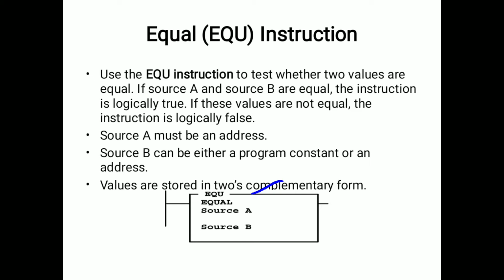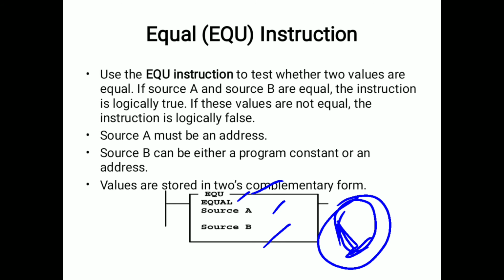So we use equal, source A and source B. If they are equal, the condition is true, right? If A has 5 and B also has 5, then the condition is true. So it will give a true output of 1, and if the condition is false, it will give an output of 0.